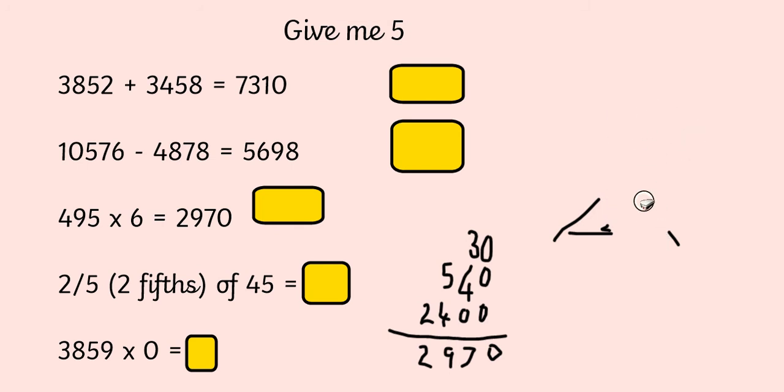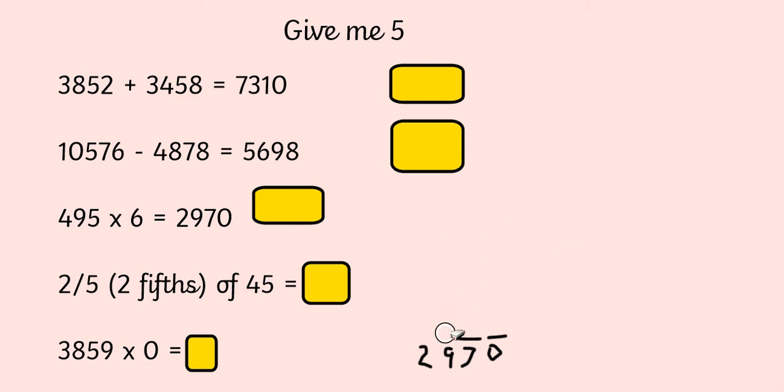Okay, so we have got the next question then, 2/5 of 45. So I always say, before we find 2/5, it's always good to find 1/5, and the way we find a fifth of something is when we divide by 5. Okay, so I know that 1/5 of 45 is going to be 45 divided by 5, and I know 45 divided by 5 is 9.